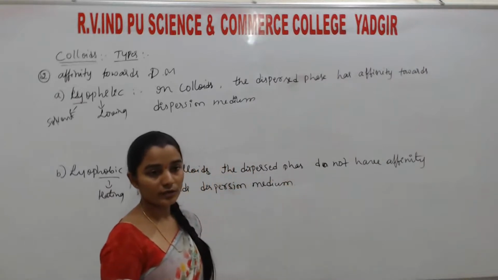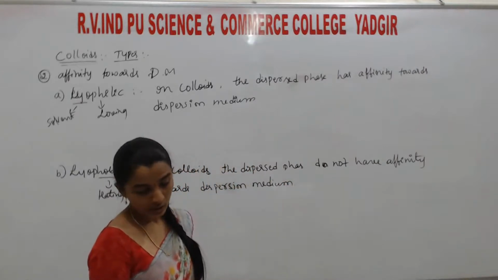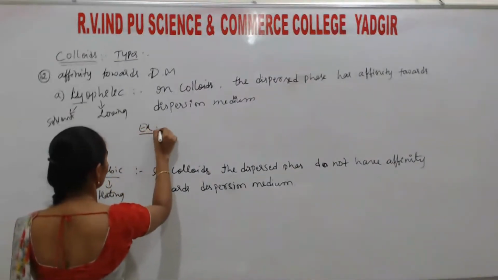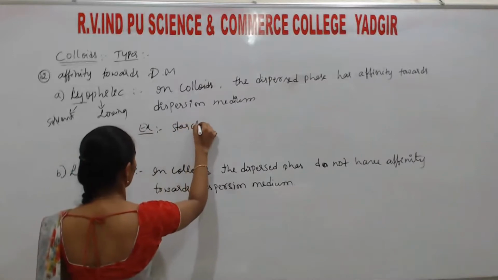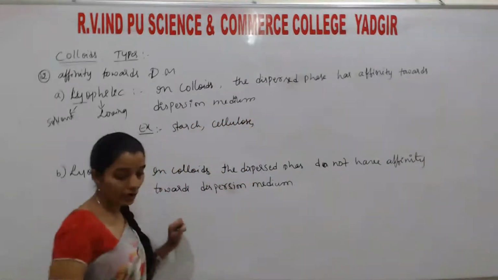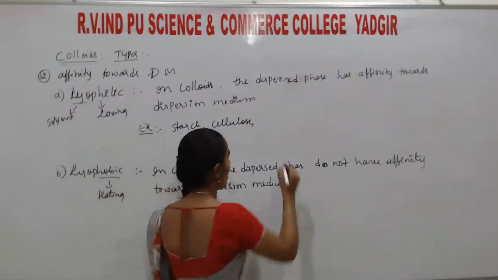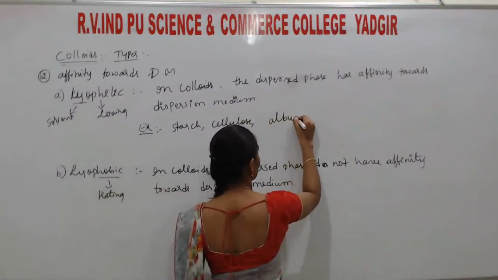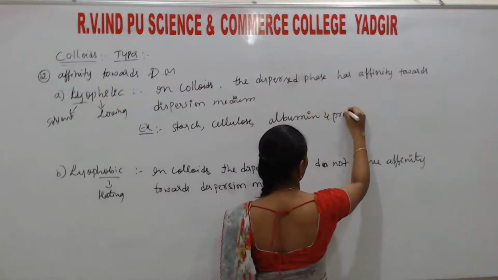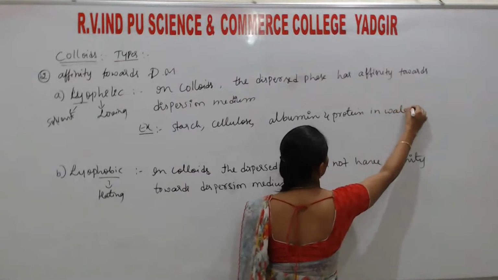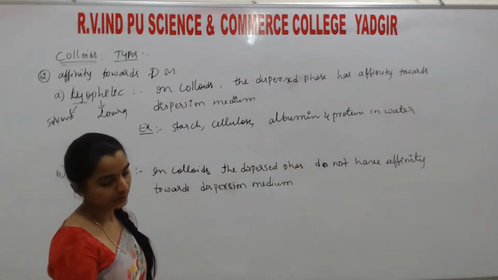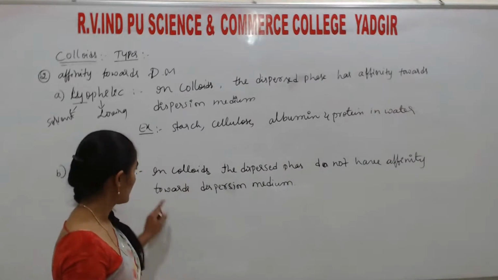Do not have affinity towards dispersion medium. Okay, so students, example for this is starch, cellulose. Okay, starch, cellulose, albumin, and protein in water. Protein in water. Okay. Next.